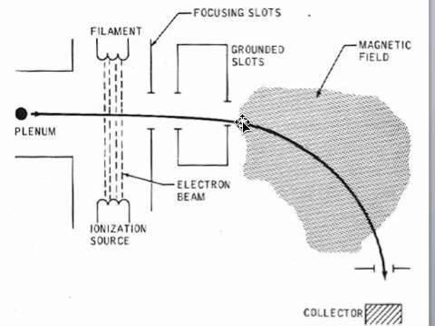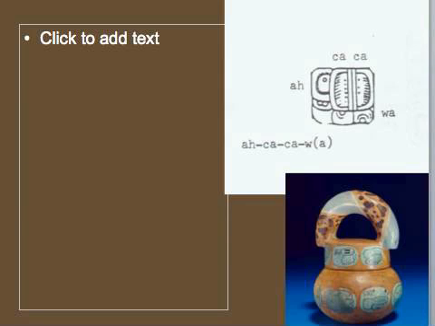The heavier something is, the longer the path it's going to take. The lighter a compound is, it'll take a sharper turn along that bend. And so you have here a collector that can detect the molecular weight. So this is a vessel from the Maya area that was analyzed.